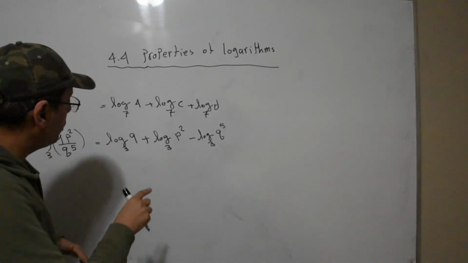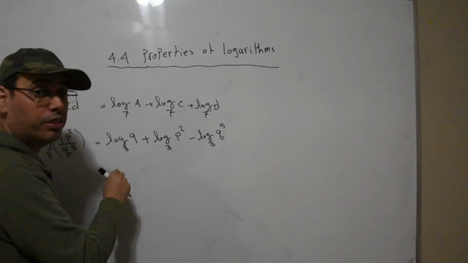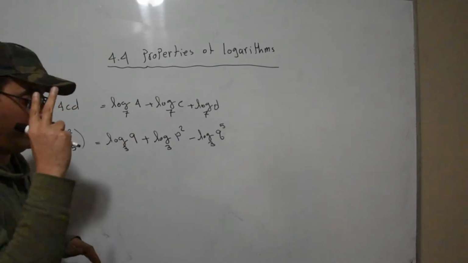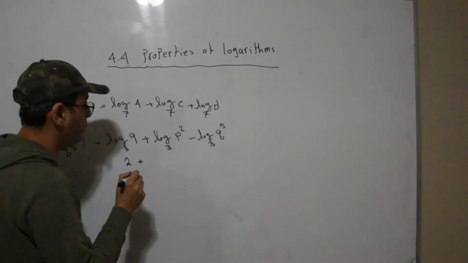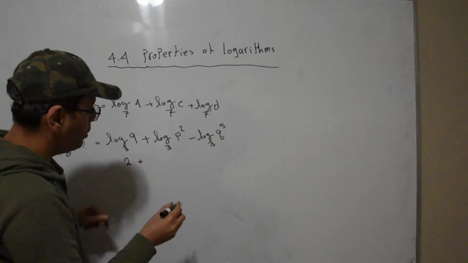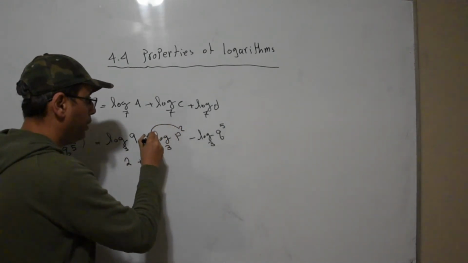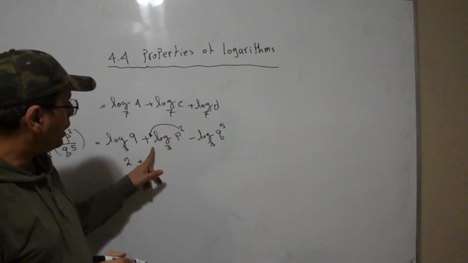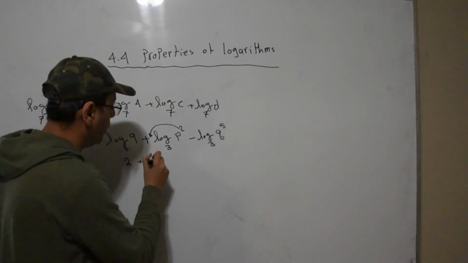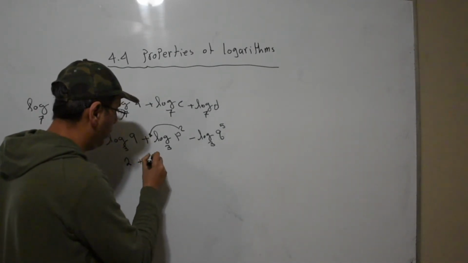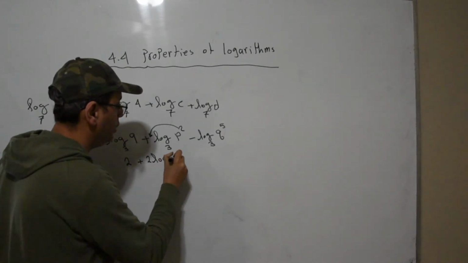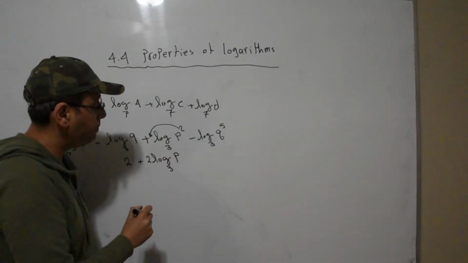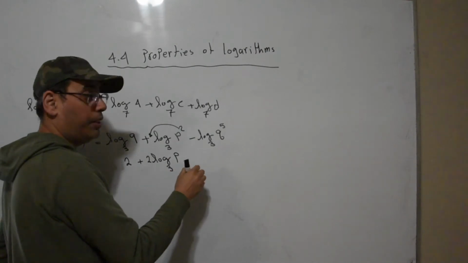In other words, 3 to which power equals 9? Yes, it is 2. So I get 2 here. Plus, I don't like this one. I have to move the 2 as a coefficient of log base 3 of p, so that would be 2 log base 3 of p. Similarly here, what should I do?